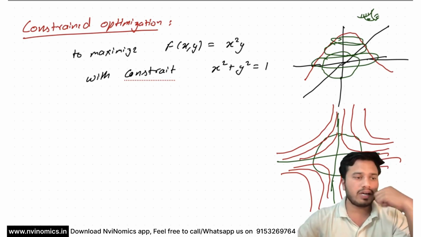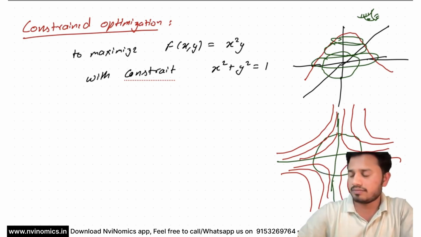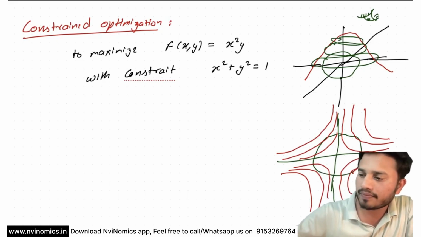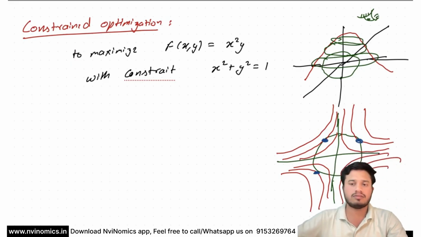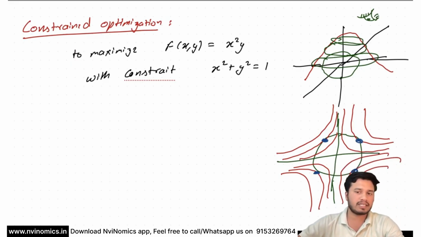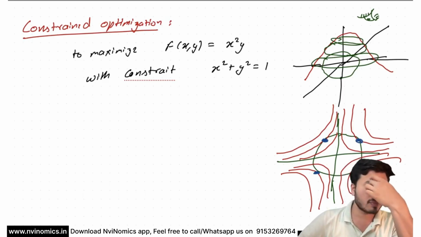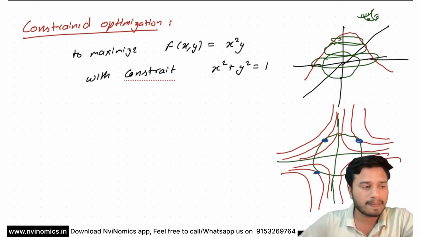Now what I'm trying to tell you is to just focus on these special points, which are just touching the constraint equation, the special lines which are just touching this.